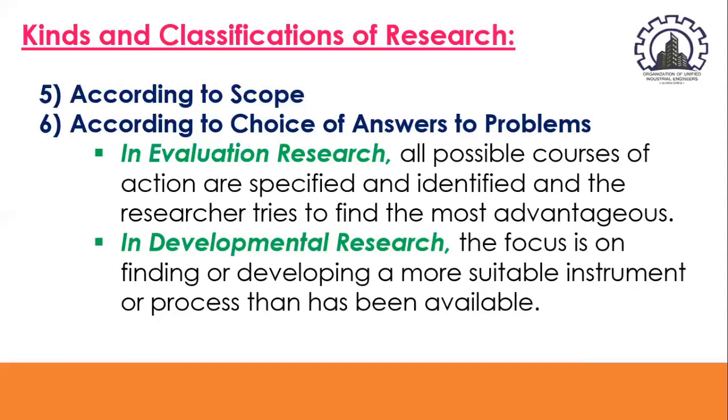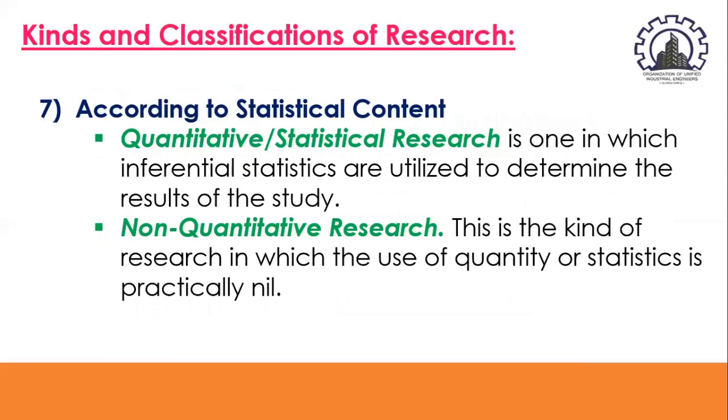So you need to evaluate what is the most advantageous one. And in developmental research, the focus is on finding or developing a more suitable instrument or process than has been available. Another kind of research is according to statistical content, and under this type may be mentioned quantitative research and non-quantitative research.